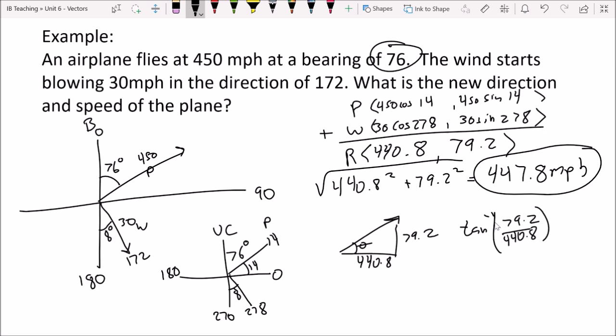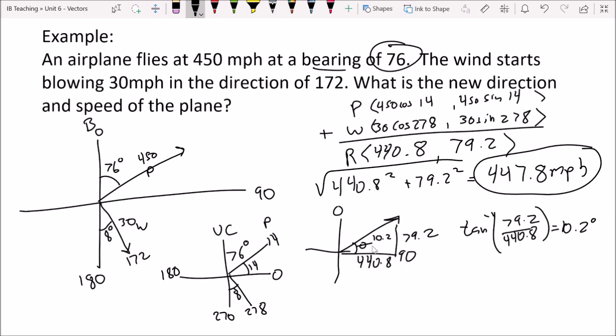And I get 10.2. Now pause for a second. Why is it that if you circle that and give that as the answer, it won't be right? In this question, they gave us bearings, which means we need to answer the question in bearings. 10.2 is not a bearing. 10.2 is a unit circle number. Our calculator gave it to us. So I can quickly turn this into a bearing chart. And if we know that that's 10.2, and on a bearing that's 0 and that's 90, this is 10.2 less than 90.